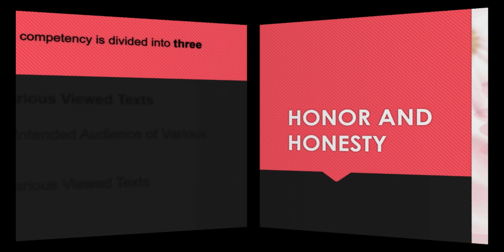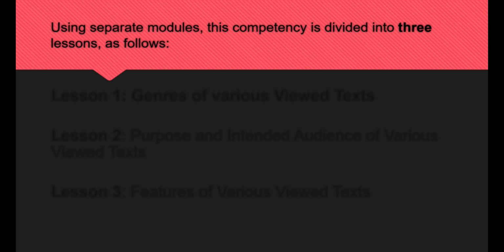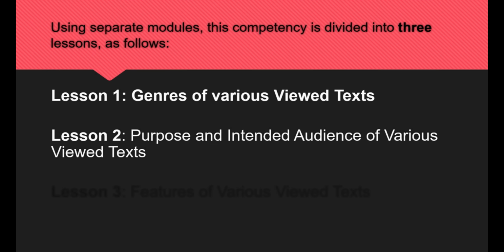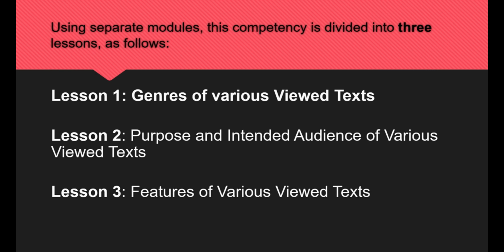So for Module 2, it's divided into 3 related lessons, namely Lesson 1, Genres of Various View Text, Lesson 2, Purpose and Intended Audience of Various View Text, and Lesson 3, Features of Various View Text.